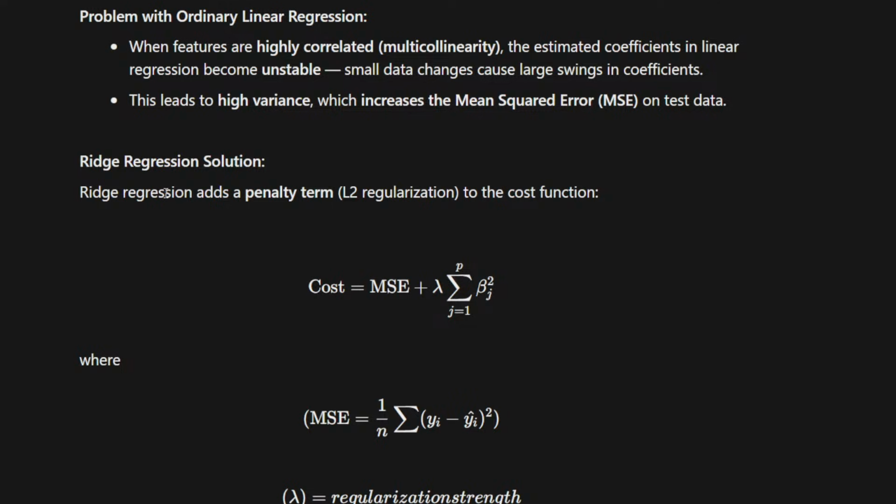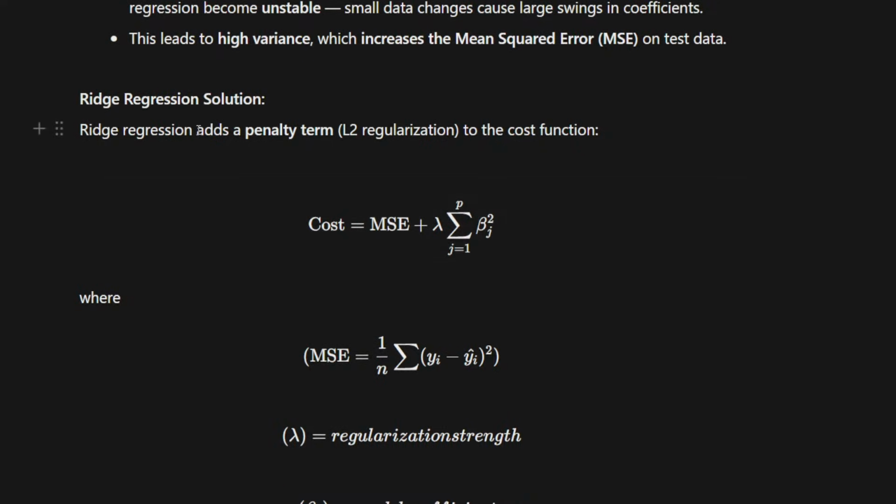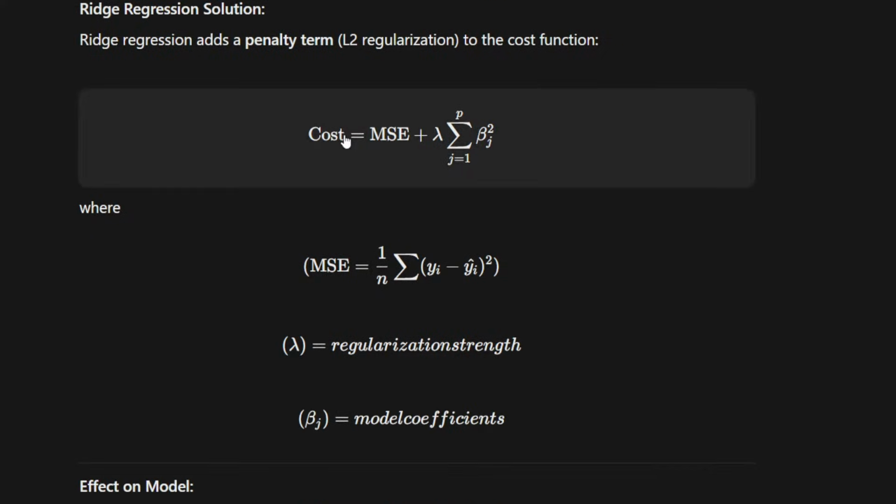The solution here is ridge regression. Ridge regression adds a penalty term, which is L2 regularization. This is the cost. If this equation is not there in your PPT, you don't need to learn it. Just go through whatever is there in your PPT.